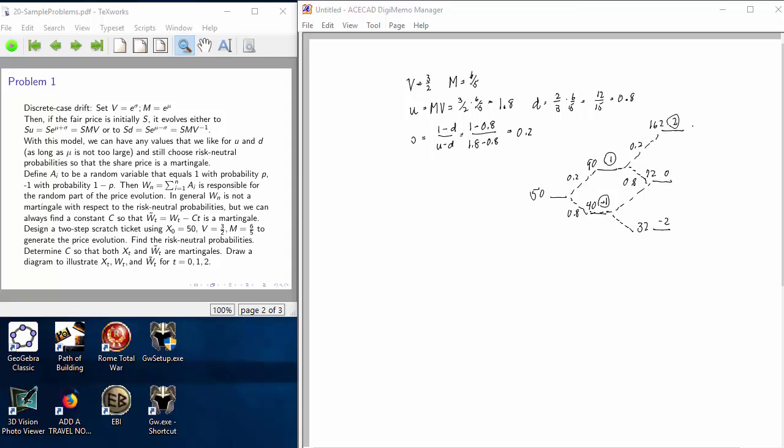Now, we know the probabilities for these final states: 0.04, 0.32, and 0.64.